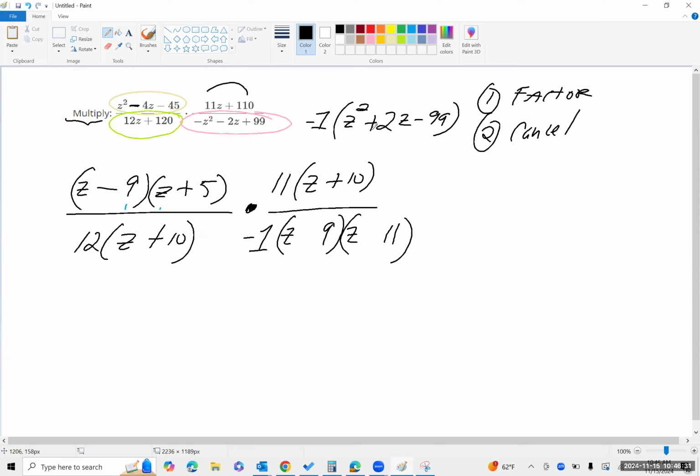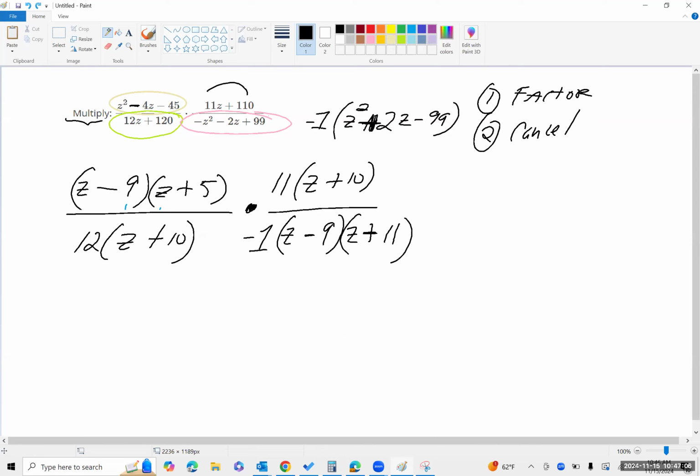And then because this is positive, I need to make the bigger of these the positive, and the other one the minus sign. And just to check using the FOIL method, the outer gives us 11z and the inner gives me minus 9z. Together they add up to 2z. So that worked.